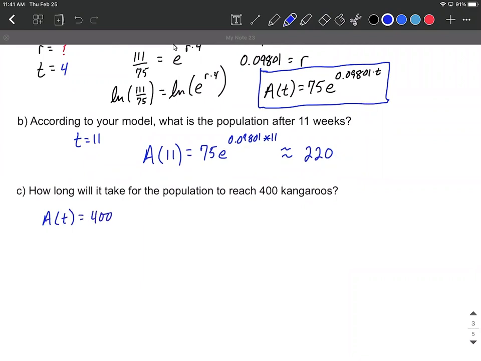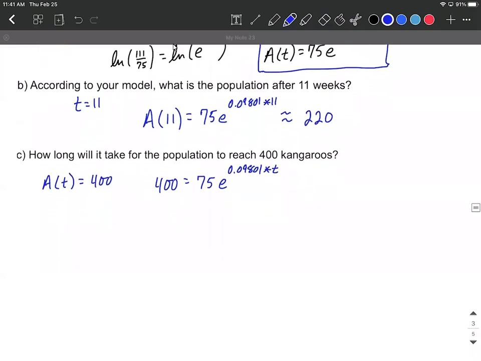So we're going to plug this in to our original model we came up with in part A. So we have 400 equals 75 e raised to the 0.09801 times t. That creates another exponential equation. So solving this down, pretty similar to what we did in part A, we want to isolate the exponential part.